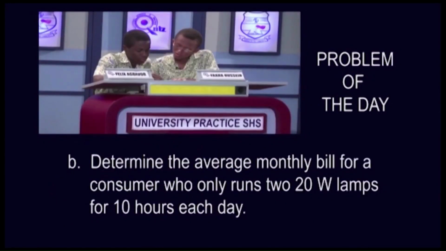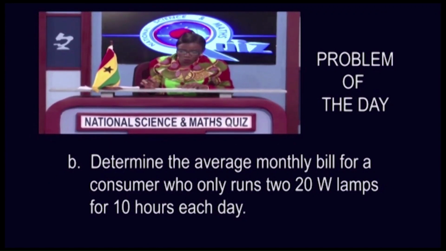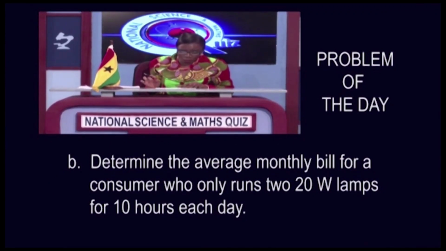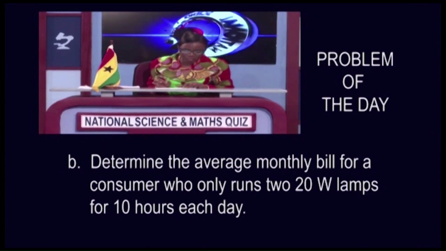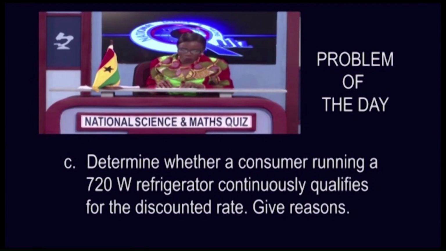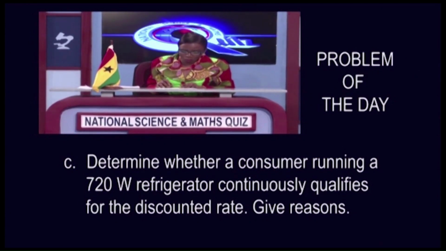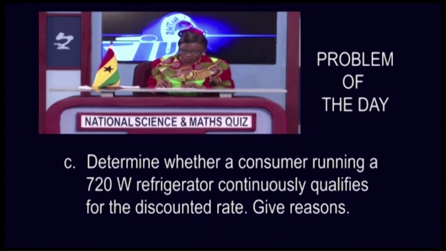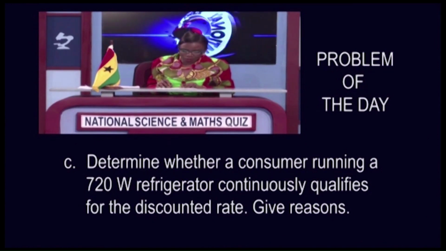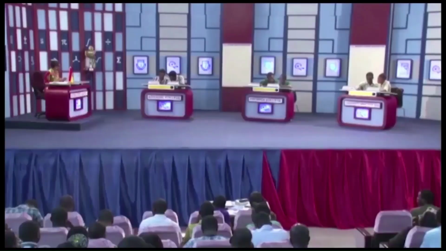B. Determine the average monthly bill for a consumer who only runs 2 20-watt lamps for 10 hours each day. And C. Determine whether a consumer running a 720-watt refrigerator continuously qualifies for the discounted rate, and give reasons. Contestants, this is your problem of the day. You may now begin.